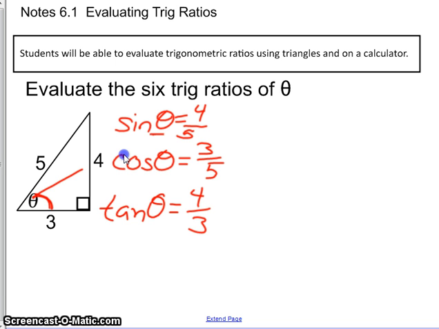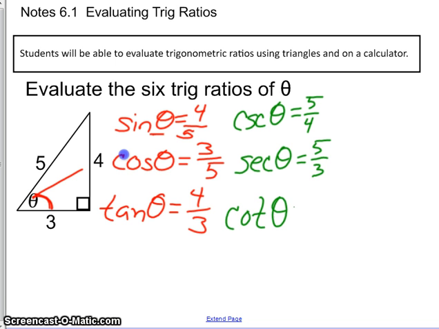All right, and then the next 3 trig functions are the reciprocals of those. So cosecant is the reciprocal of sine, so it's 5/4. Secant is the reciprocal of cosine, that's 5/3.